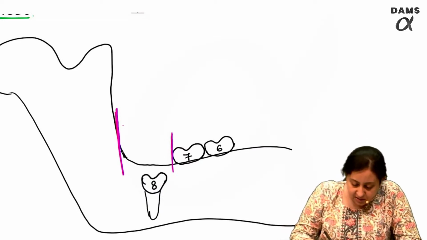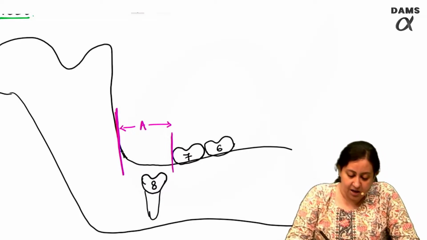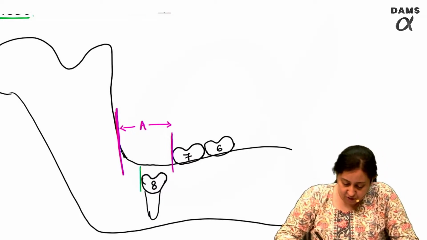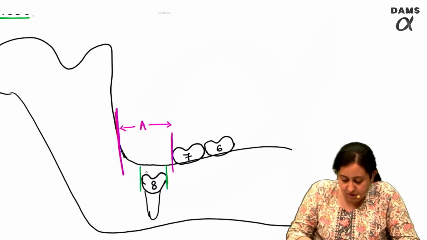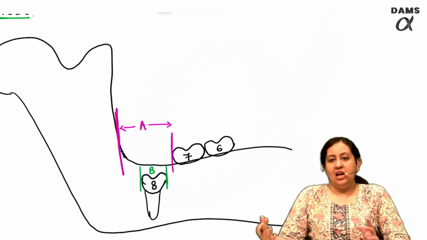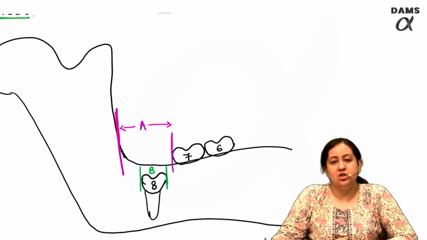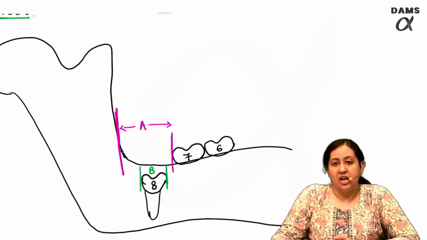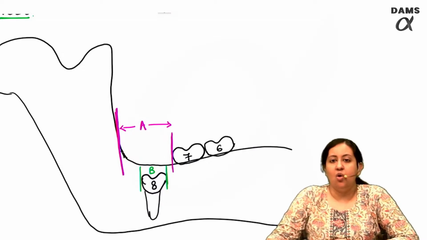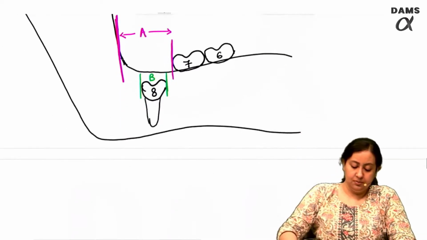Let's consider this as A. And the mesodistal dimension of the third molar, let's consider this as B. Now distance A can easily accommodate distance B, so that means there is sufficient space in the Ramus available to accommodate the mesodistal dimension of the third molar. This is your class 1. I hope it is clear to all of you.